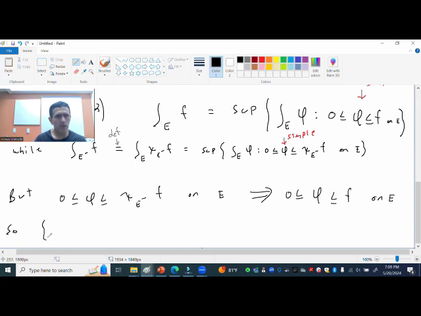Okay, so this is saying every integral here is one of these integrals here.